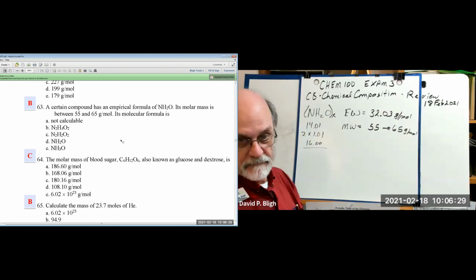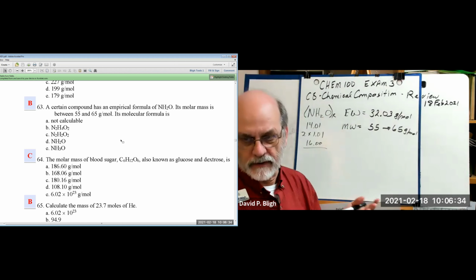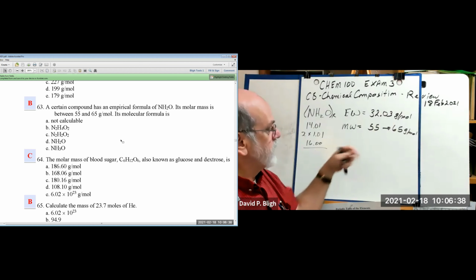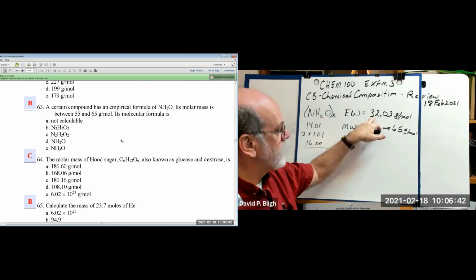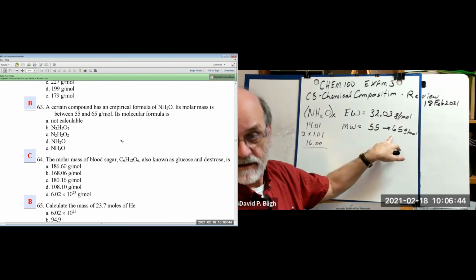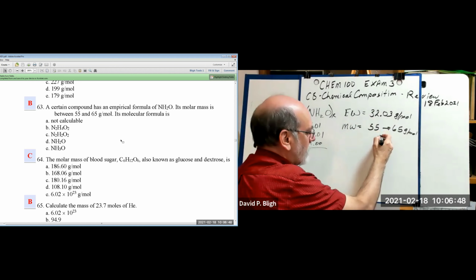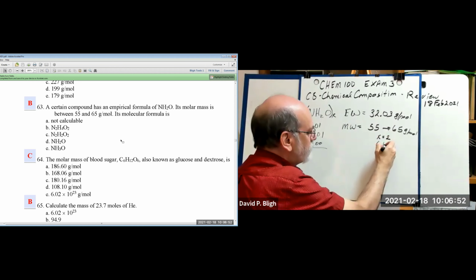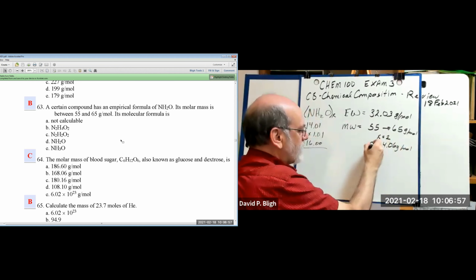Well, we know that the multiplier has to be a whole number. So why don't we just go through it? Say 1 times that is not in the range. What's 2 times that? 64? That's in the range. So X equals 2 puts us at 64.06 grams per mole.